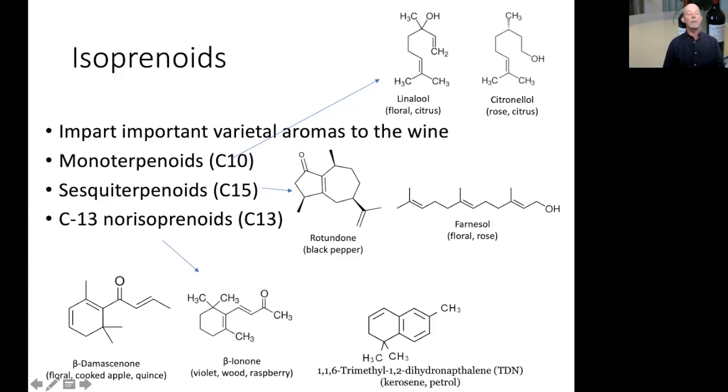This is a very common compound in wines. Beta-ionone, which gives you violet, wood, or raspberry characteristics. And then TDN, or 1,1,6-trimethyl-1,2-dihydronaphthalene, which I had to put my glasses on to read that one. And that is giving you kerosene or petrol characteristics.